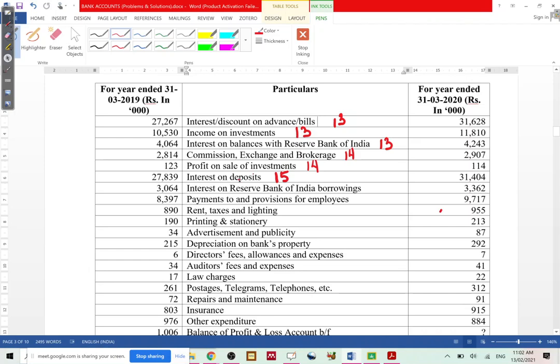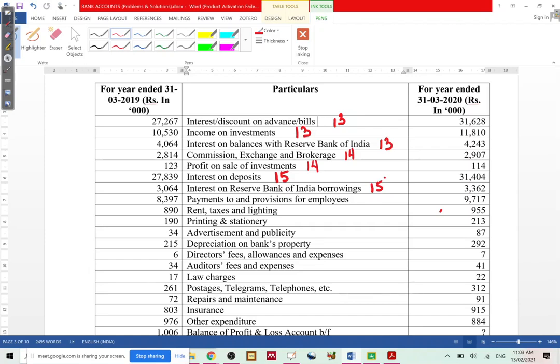Look at it from the point of view of the bank and not you as the customer. For the bank, that deposit is a liability. And for whatever deposit they take from the clients, they will pay a certain amount of interest. Okay? And also, interest on RBI borrowings. That means the bank has borrowed some money from RBI and it now has to pay interest on that money which it has borrowed. So again, interest expended, Schedule 15.